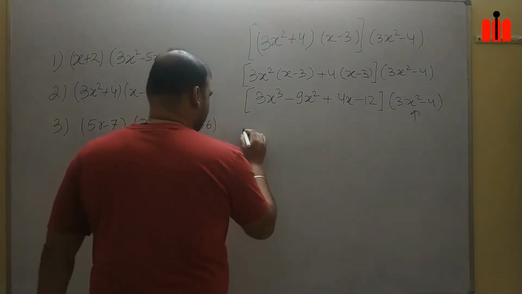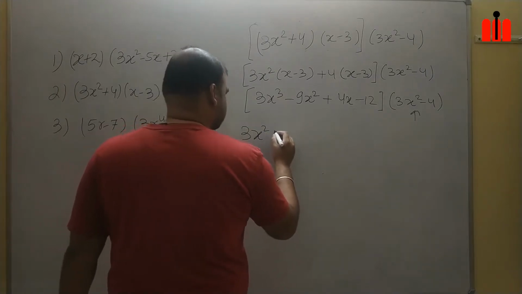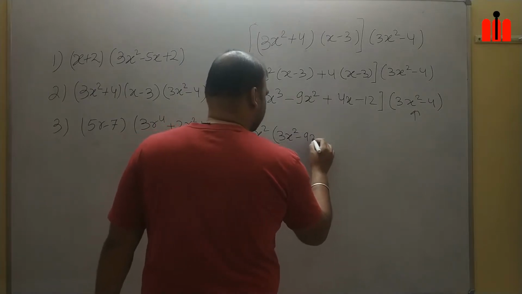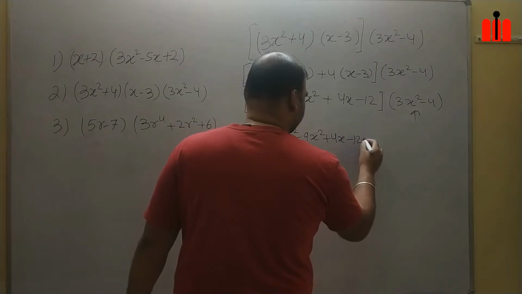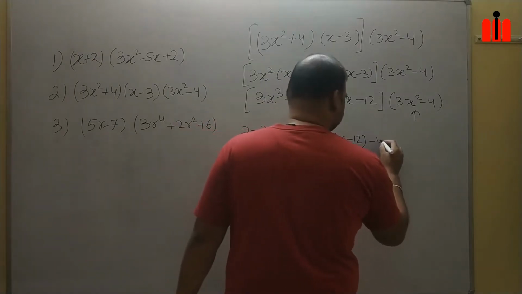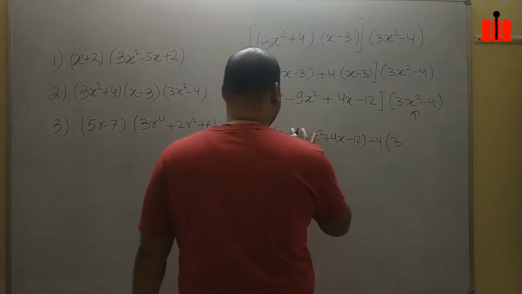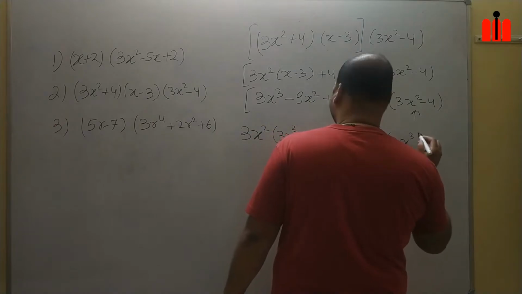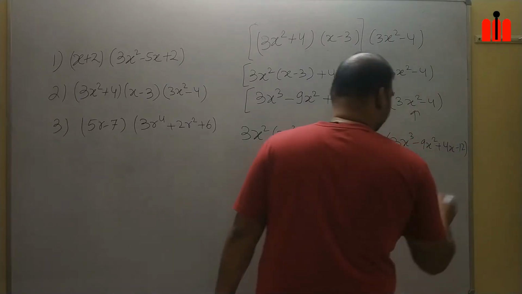So after your multiplication, it will be 3x² into (3x³ − 9x² + 4x − 12), minus 4 into, sorry, 3x² into 3x³ − 9x² + 4x − 12.